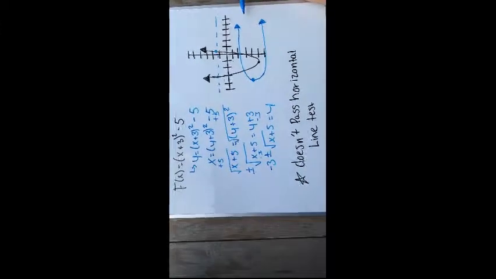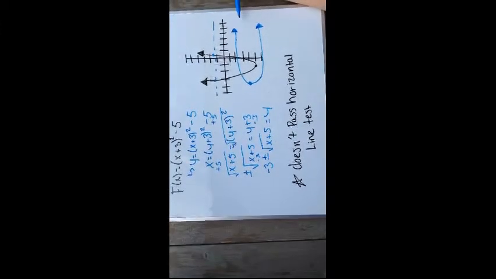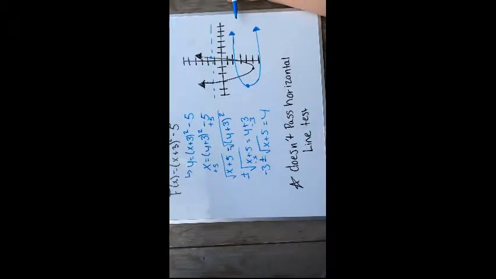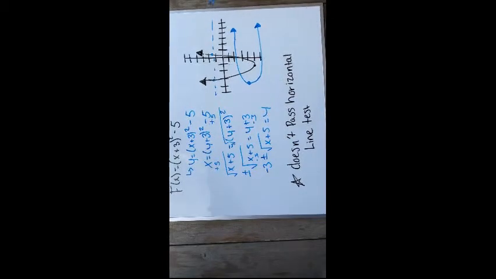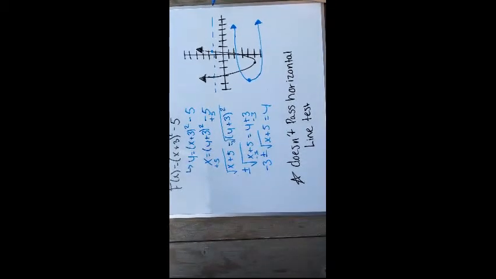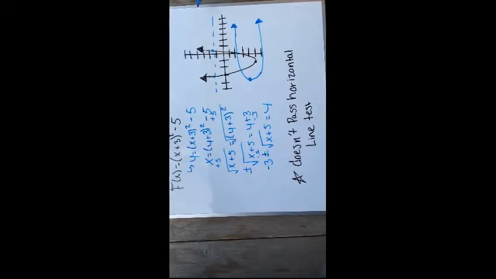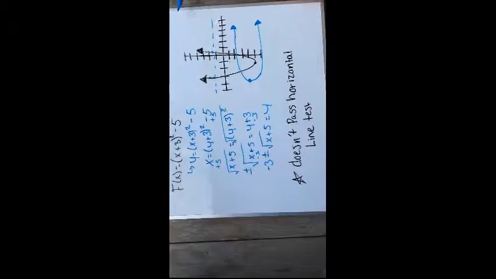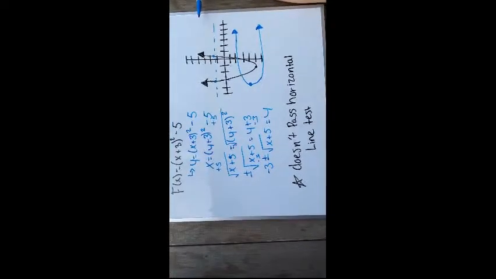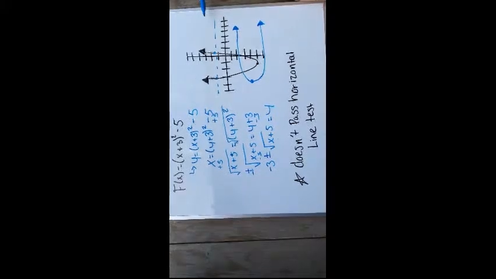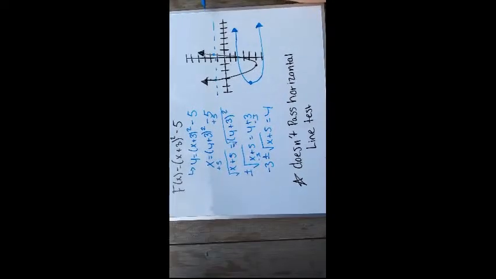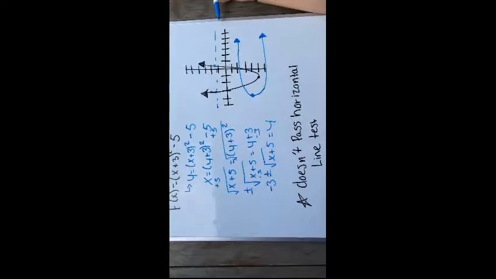And the blue parabola is a representation of negative 3 plus or minus the square root of x plus 5. As you can tell, the initial parabola does not pass the horizontal line test due to the fact that as the horizontal line reaches the parabola, it hits the parabola twice. The inverse is therefore not a function.